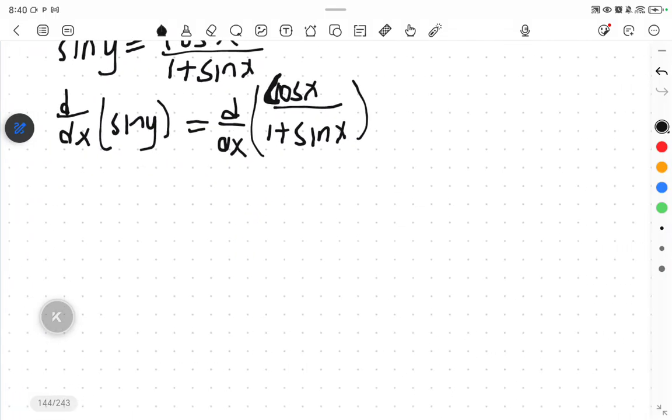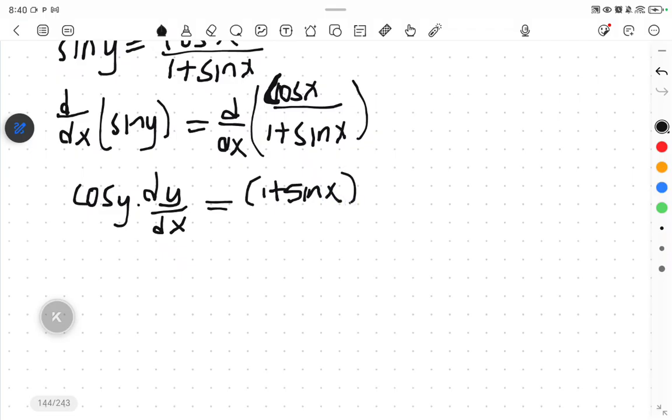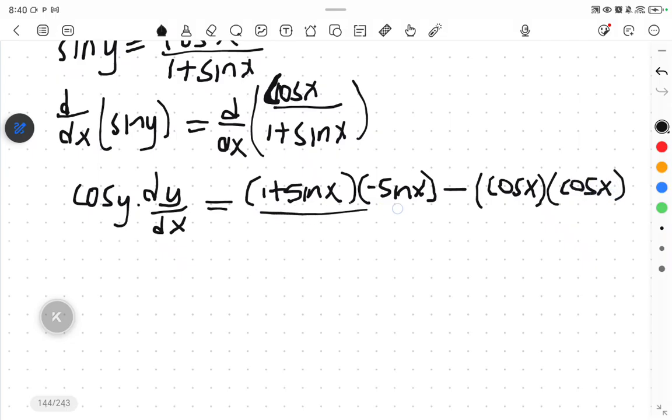And then the left hand side, we derive sine, we get cos of y times dy over dx, which is equal to, if we come this side, we keep 1 plus sine x, we derive cos, we get minus sine x, minus, we keep cos of x, we derive the denominator, we get cos of x, all over, we square the denominator.